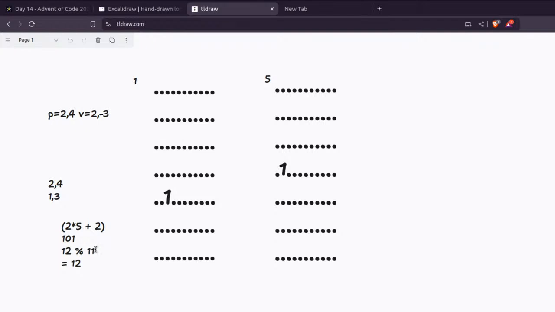It's not, right? It's 1, right? 12 mod 11 is 1, I believe. It should be. So yeah, we have to do that.